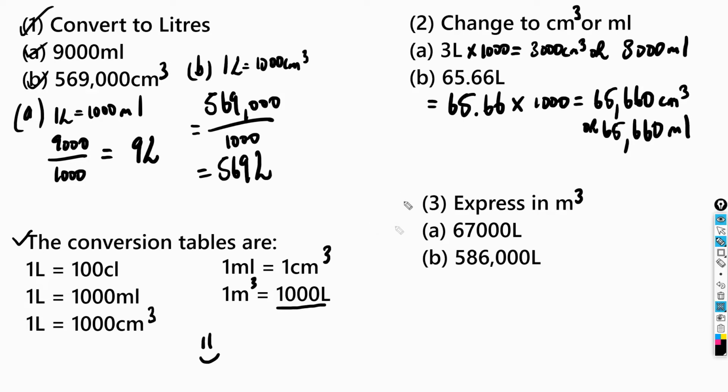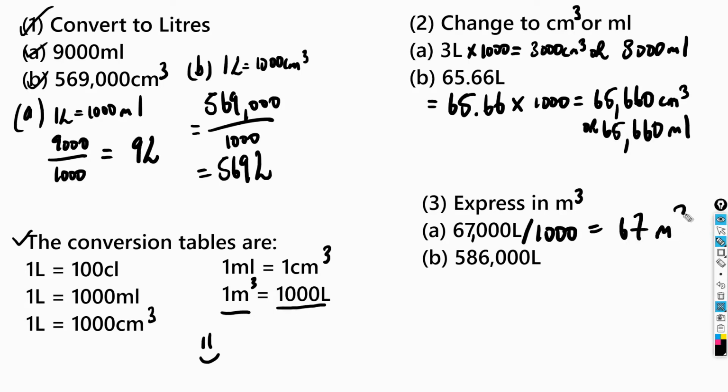Okay. All right. So for the last one here, we have express in meters cubed, right? And meters cubed is huge. Meters cubed is also equal to 1,000 liters, right? So if we want to express this 67,000 liters in meters cubed, then we would have to divide it by 1,000, and we would end up with 67, right?